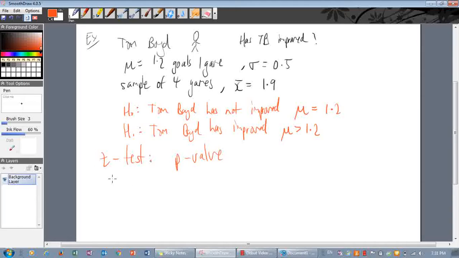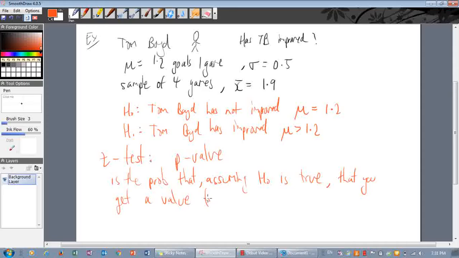So the p-value is the probability that, assuming H0 is true, okay, so assuming that nothing has changed, that you would get a value for x bar equal or more extreme than the x bar that you're looking at here.